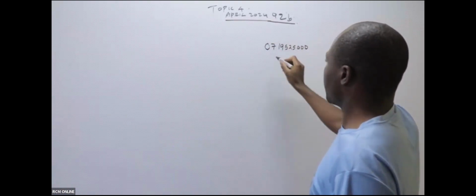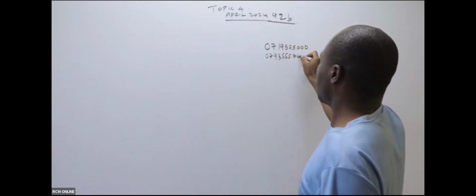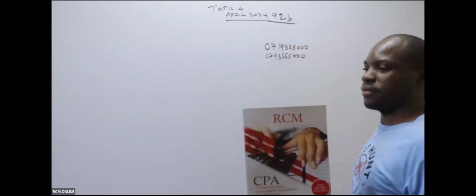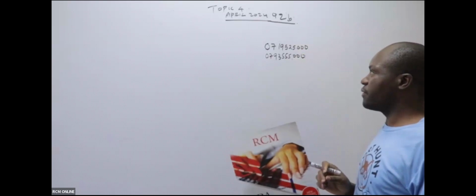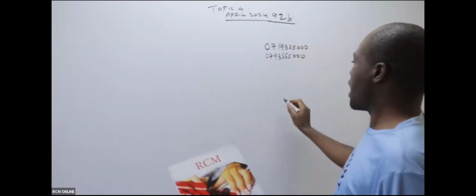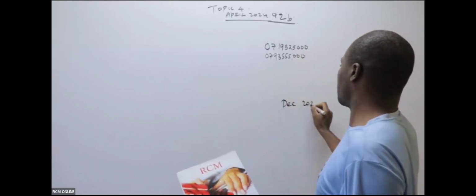We've also agreed that once you join the class, for you to do this paper in first attempt and forget about it, ensure you have revision kit from RCM. Whether in soft copy or in hard copy, ensure that you get yourself a copy of this revision kit. Remember, it is updated up to December 2023.